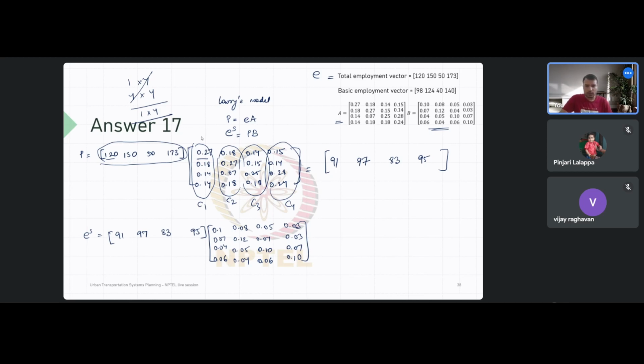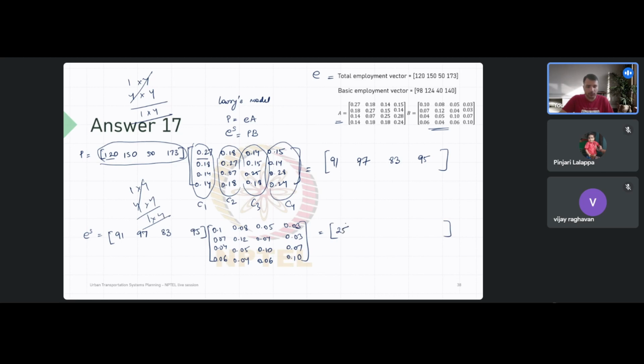Now let's take the product. Same case: we have 1 cross 4, we have 4 cross 4. So finally we'll get a 1 cross 4 matrix. So 91 into 0.1, 97 into, coming out as 24.91.